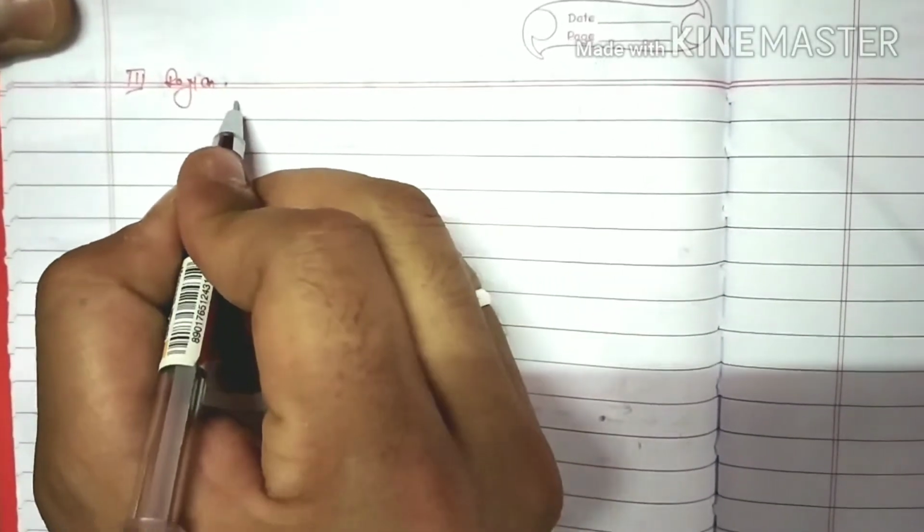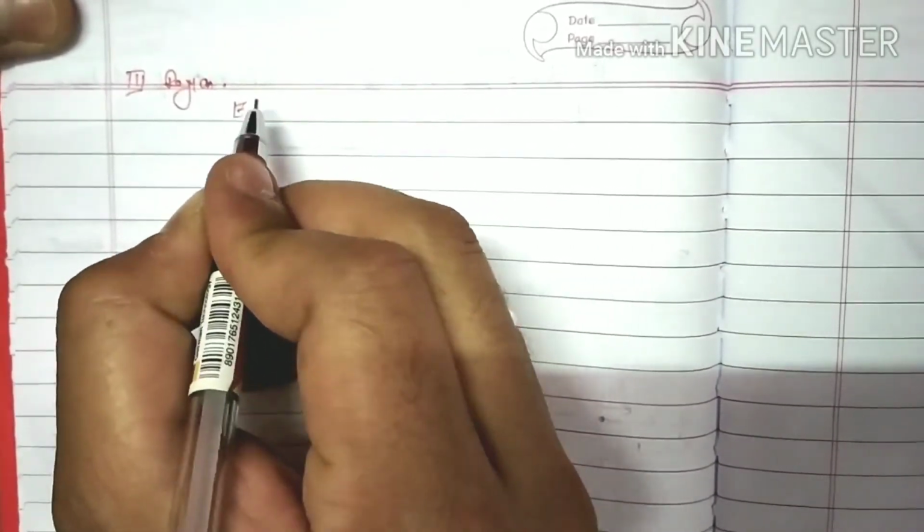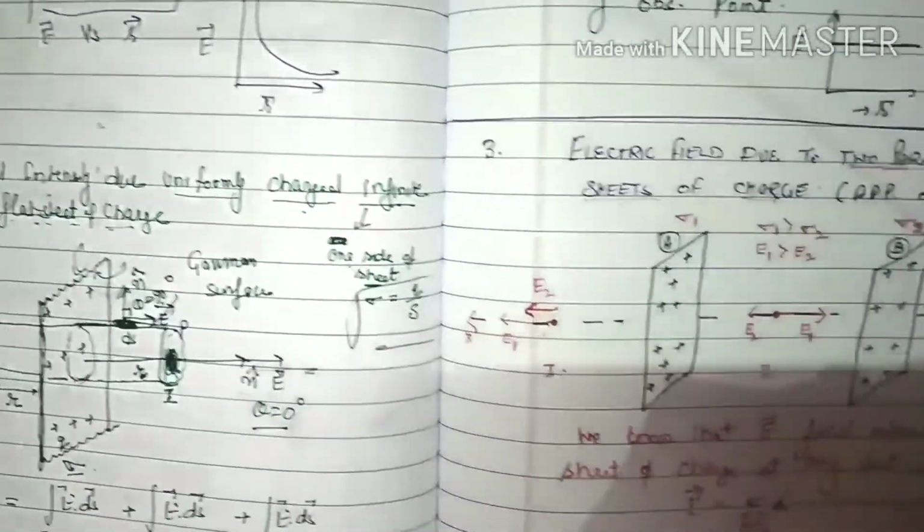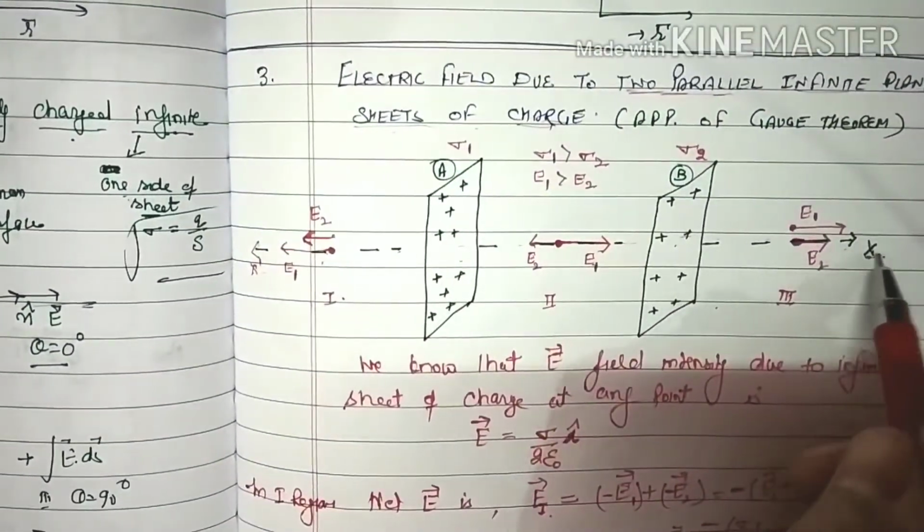Now come to the third region. In the third region, you see the electric field intensity is toward the positive x-axis.